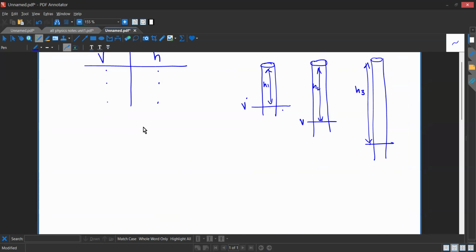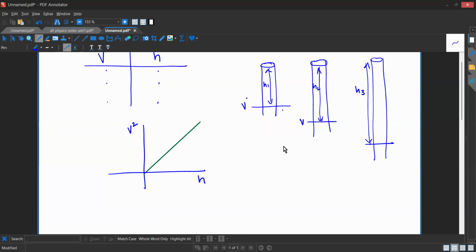And what kind of graph will we sketch? A V square against H graph, which will be a straight line from the origin, just like the previous one. In the previous one, what did we learn? S versus T square, which was a straight line from the origin. Now, but why V square against H?